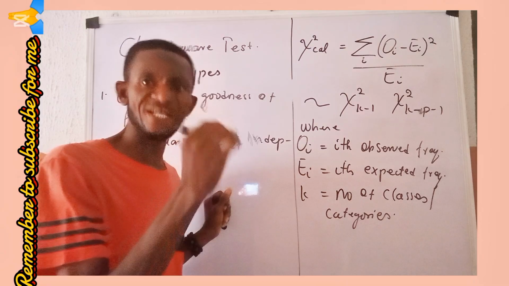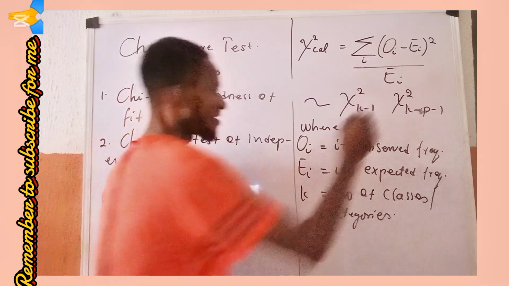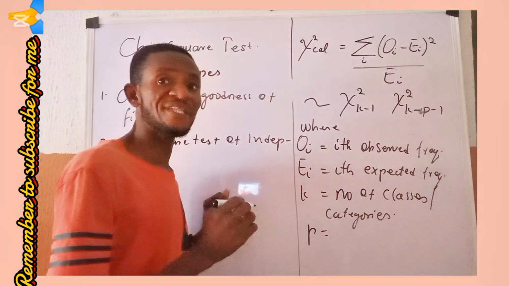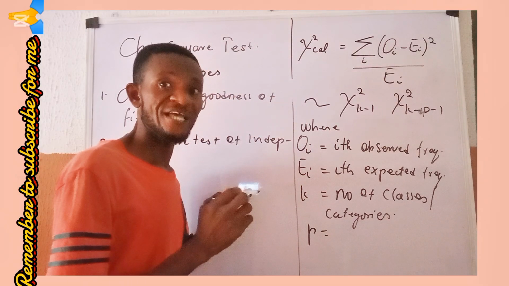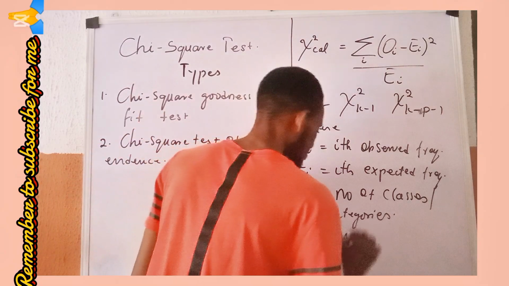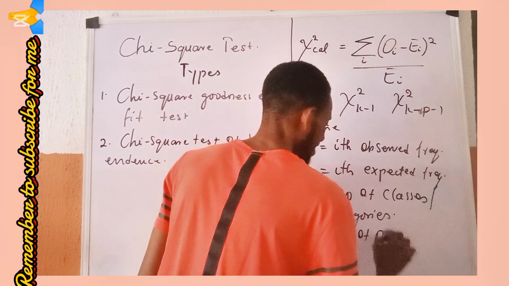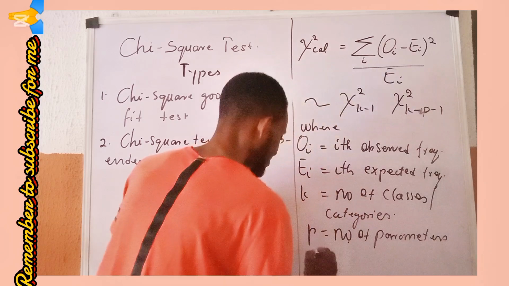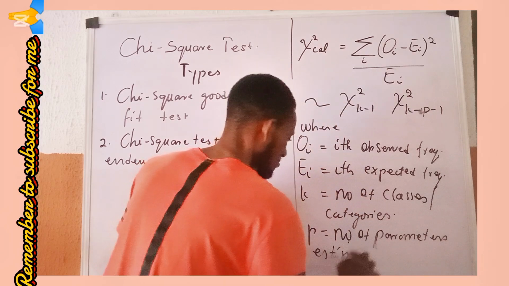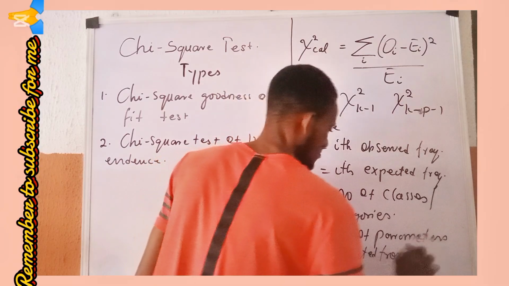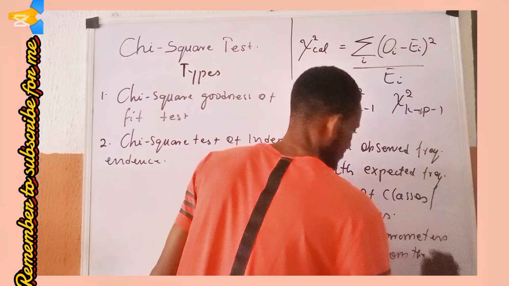So it must be categorical data. Then our p here is the number of parameters that is estimated from the data set.